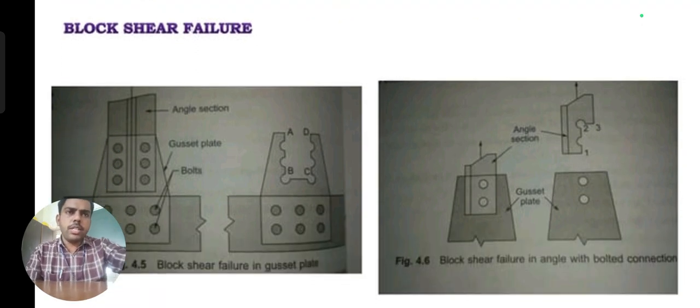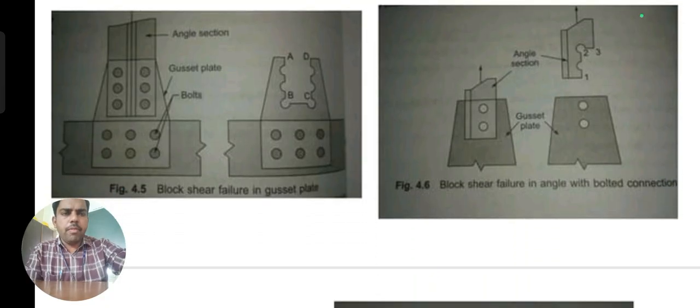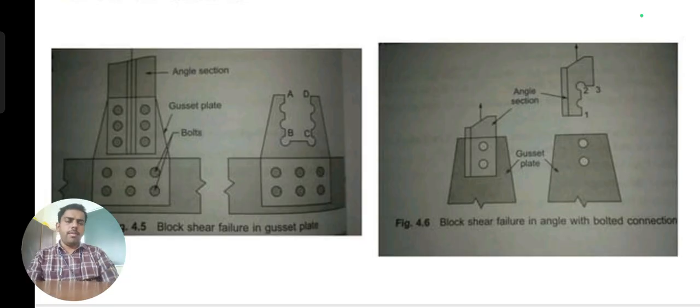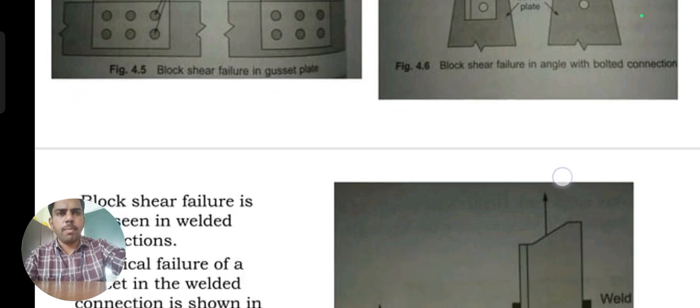Here in block shear, one plate is overhanging another plate. Block shear may be involved only in this type of connection. In this situation, we provide the bolted connection with one plate, one bolt and the gusset plate. These three plates are connected, and due to the overlap of one plate over another, block failure may occur.